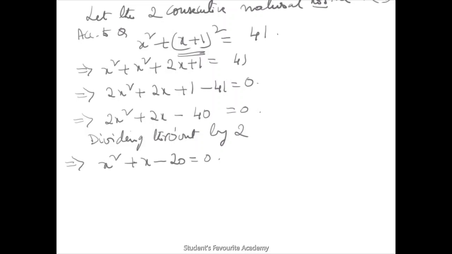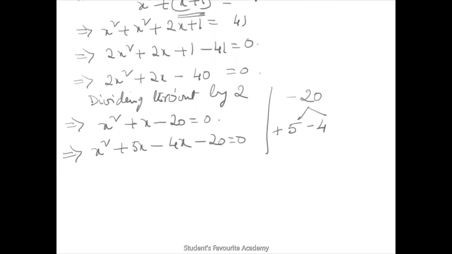So now the factors of 20 are 5 fours are 20, and we have to get the product as minus 20 and the sum as 1. So it has to be plus 5 and minus 4. So implies x square plus 5x minus 4x minus 20 is equal to 0.